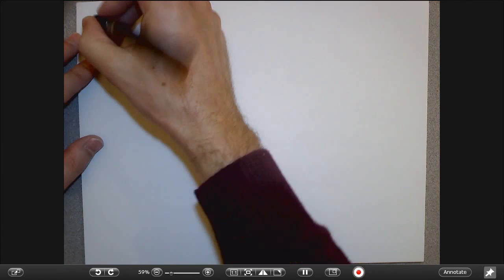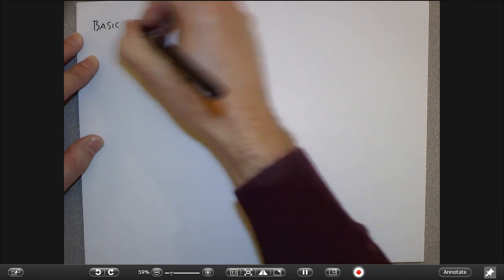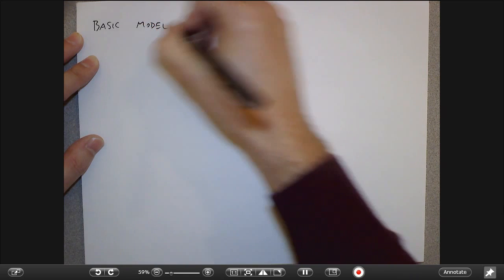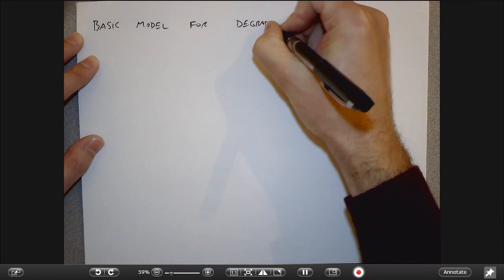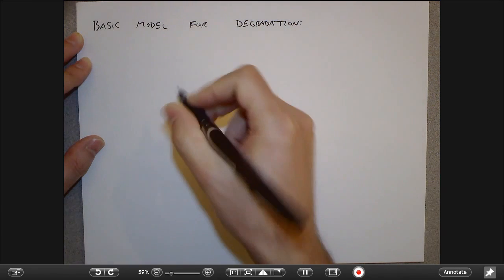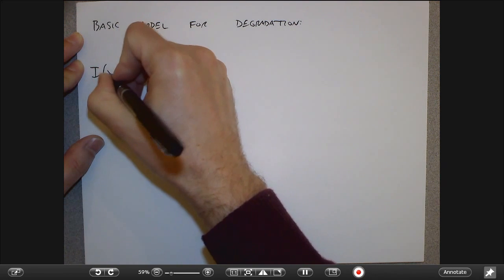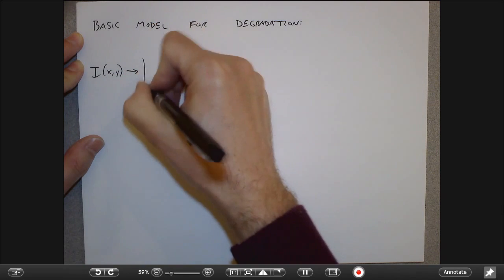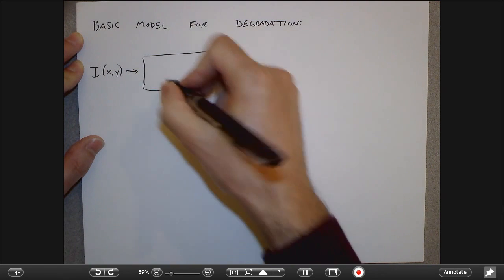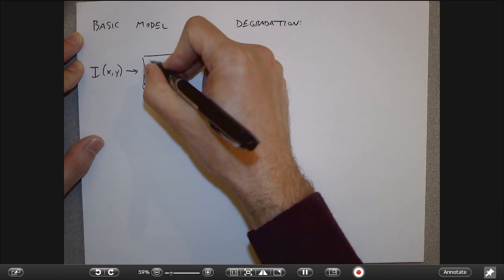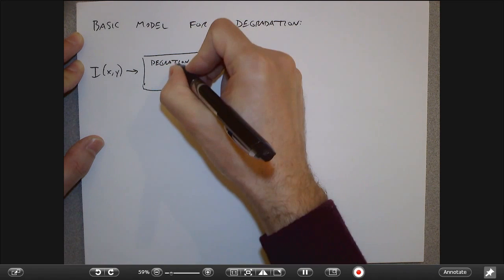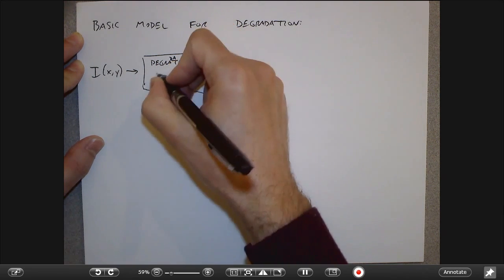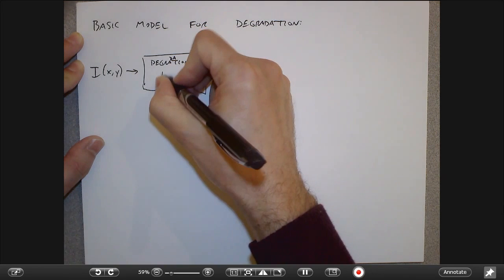The basic model that we're going to talk about today for degradation is: I've got an image. It goes through some sort of degradation filter, say like a point spread function.